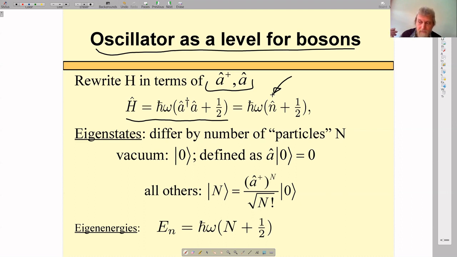Why? Because their energy is just a sum of individual particle energies. What is interesting and important, and we will devote some time to it during this lecture, is the 1/2. There is some energy in the oscillator even in the absence of any particles.